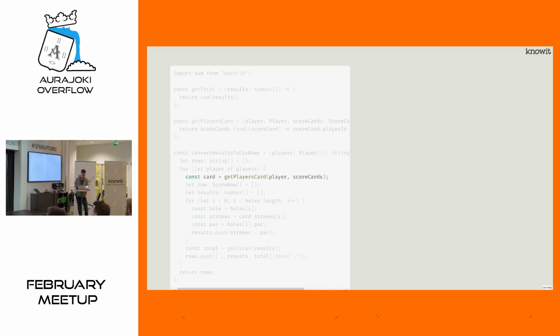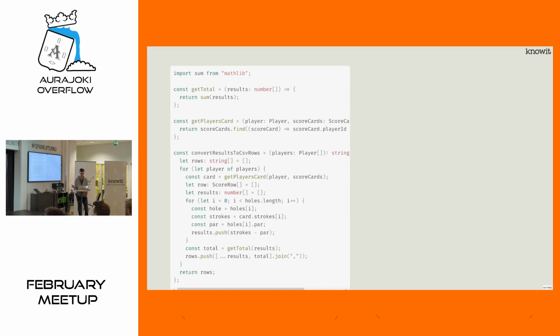There's a call to a function called getPlayersCard, I see, and then there is another function called getTotal. We've got a couple of for loops and a couple of accessing arrays by index happening here too, and native JavaScript array methods and that kind of stuff. So you do get a sense that this piece of code could use some refactoring.